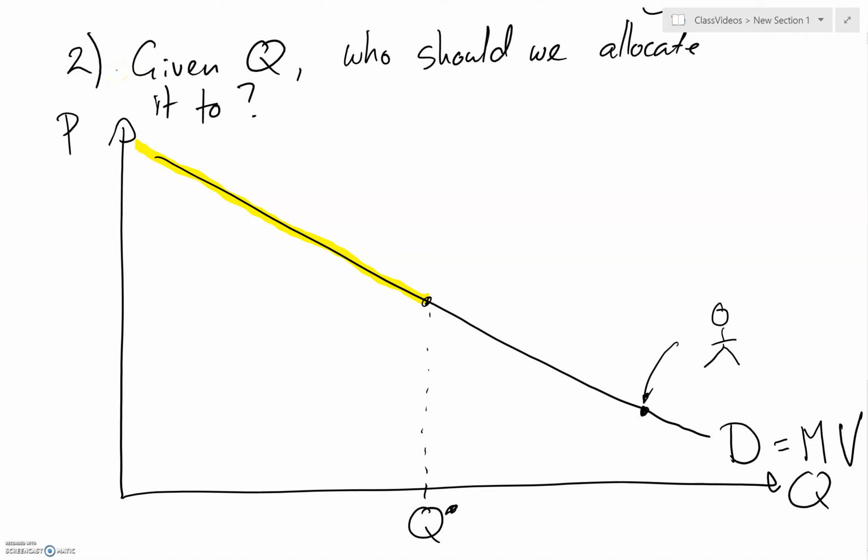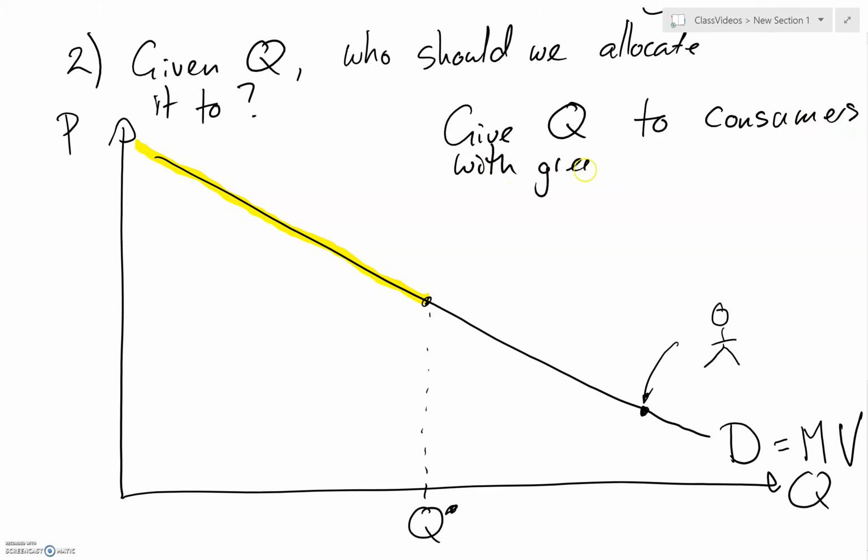But if we were this social planner trying to achieve this, we would want to allocate that quantity to consumers with the greatest marginal values of the good.